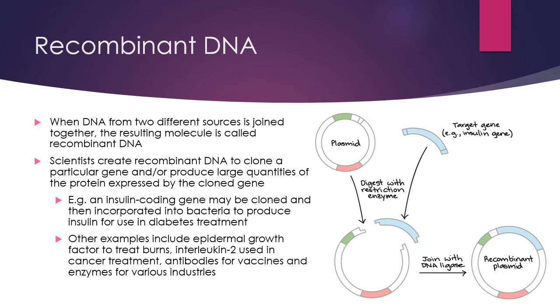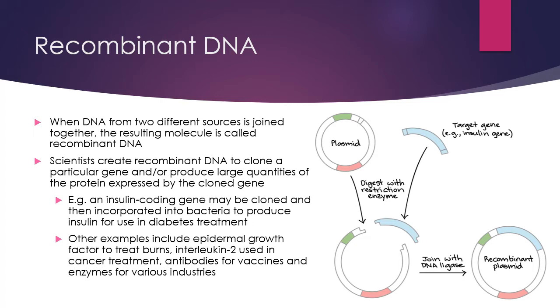And the purpose of recombinant DNA is to insert a target gene, so like this blue insulin gene here, into this bacterial plasmid so that we can then put that plasmid back into its bacteria so that the bacterial cell makes our insulin. So we're kind of using the plasmid as a vector to express our gene that we're wanting to express.